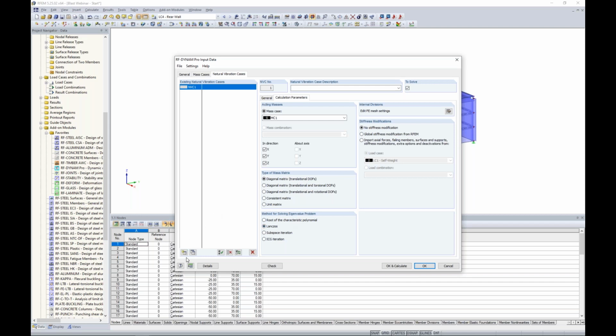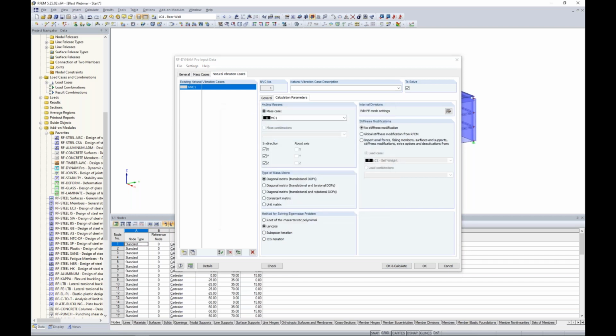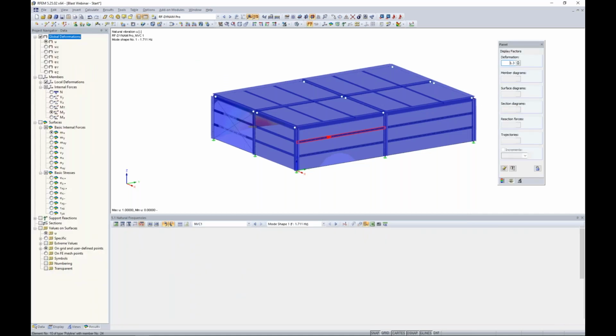Now, our help file, which you can locate down here at the lower left-hand corner, will give much more theoretical background on some of these different options and how maybe it can improve the calculation for your particular structure. So once we are done setting all of our natural vibration case data, we can go ahead and run the calculation, and you'll actually see for today's example, this solves rather quickly.